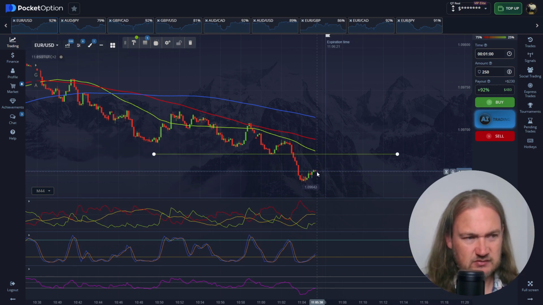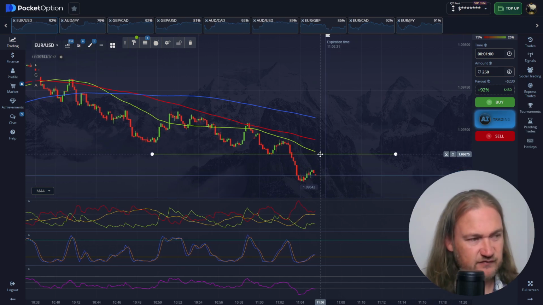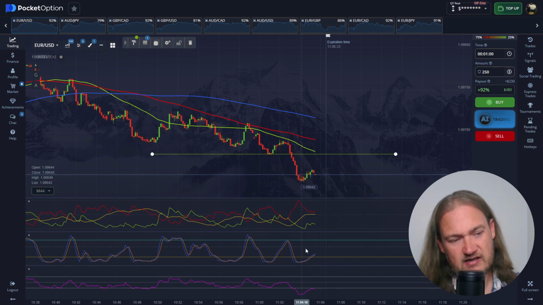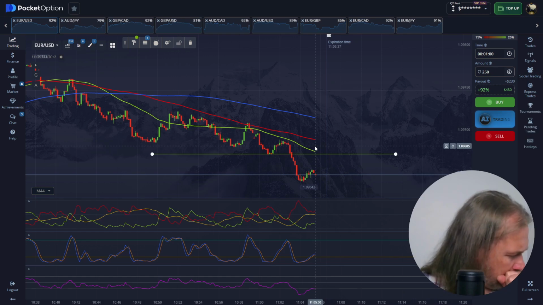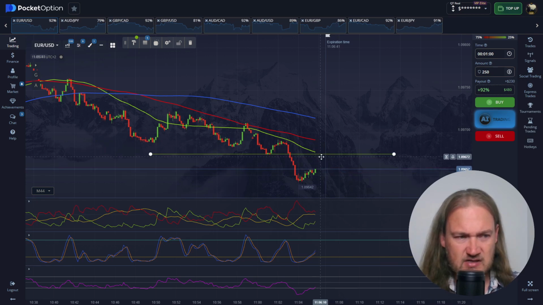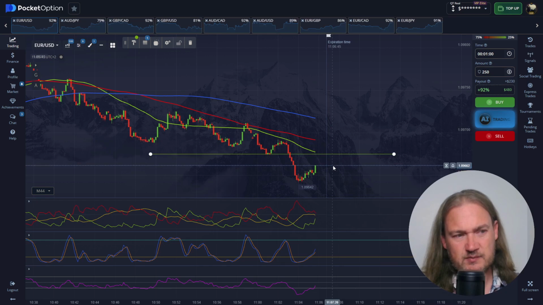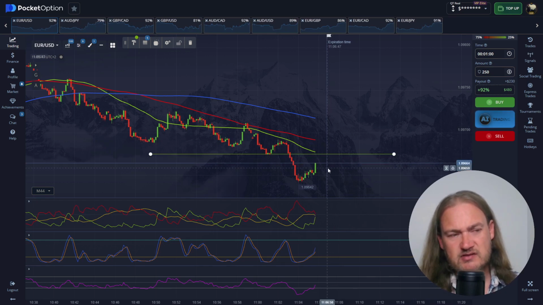What can happen now is that this correction might actually be a strong correction. So come back to this area here, and if it does, and I have divergence, I'll take a sell trade. But it doesn't mean it will happen. It's just one of the scenarios that might play out.